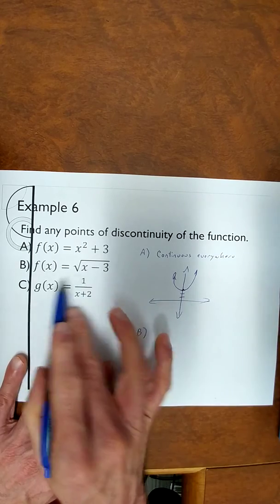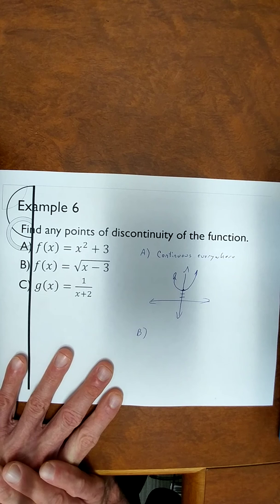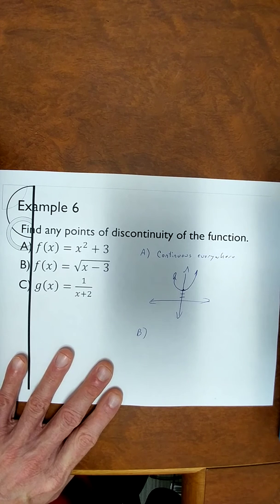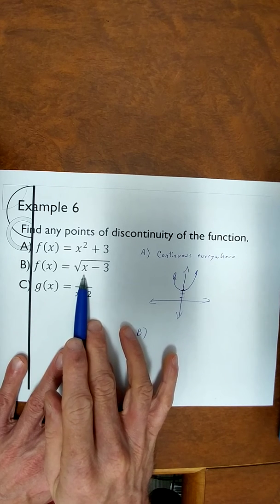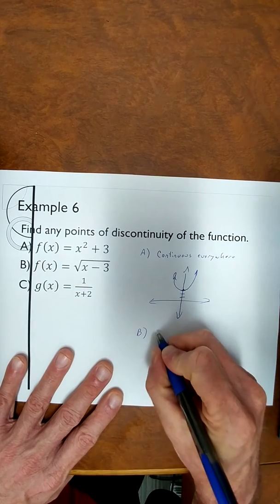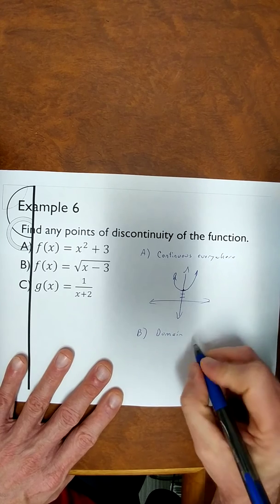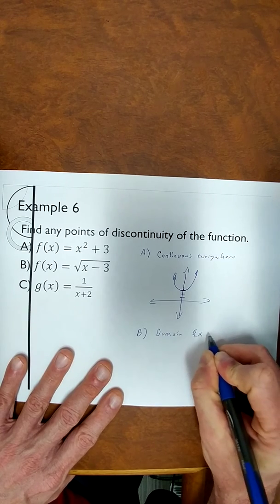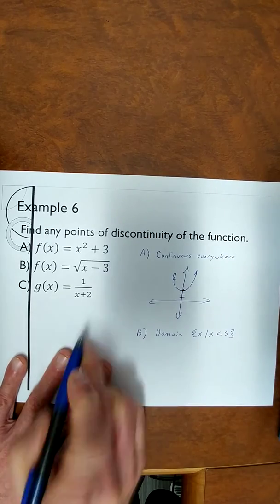Now B is a different story. Notice what I have. We have a square root. And right away we know that square roots typically can have points where it's undefined. And in this case, we're going to have several. In fact, any value less than 3 will be undefined. So the domain here is basically 3 and above. 3 is okay.